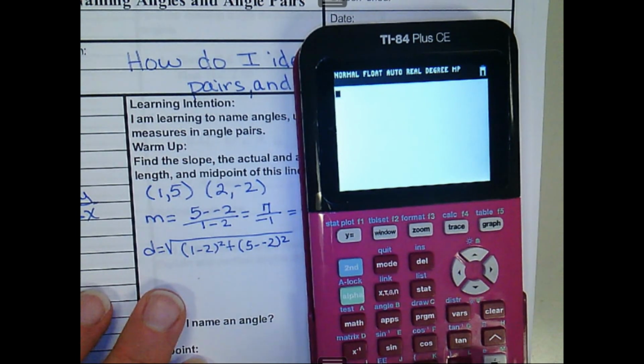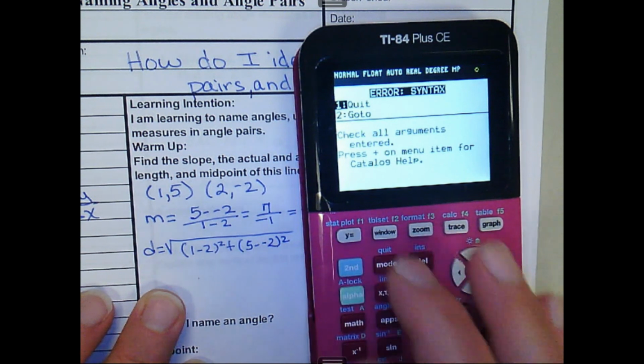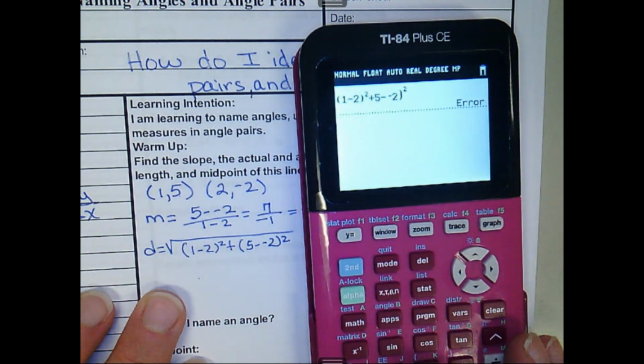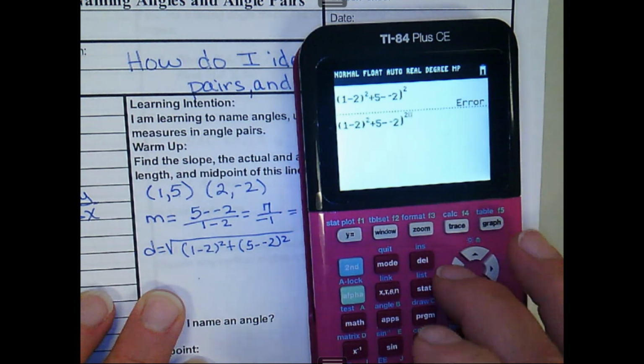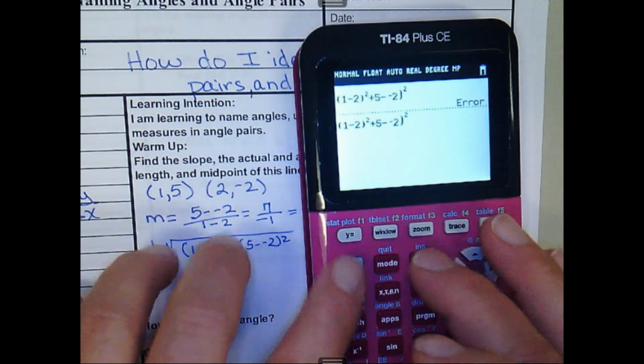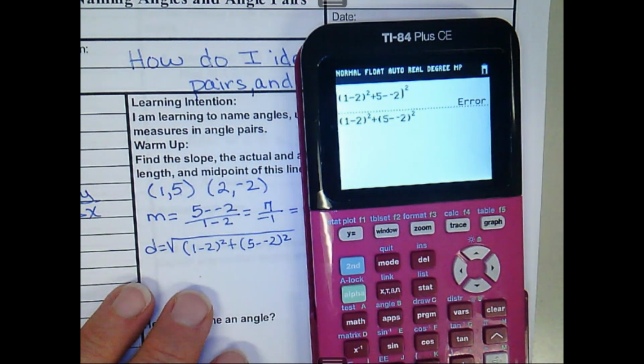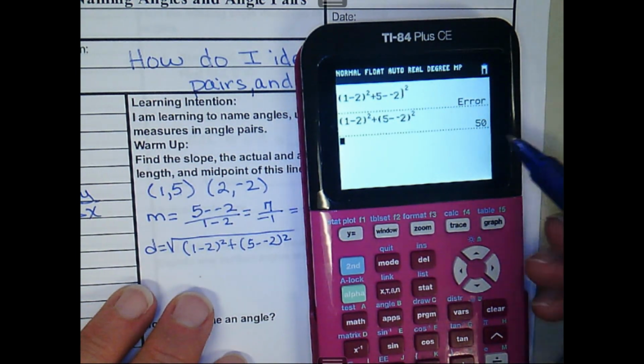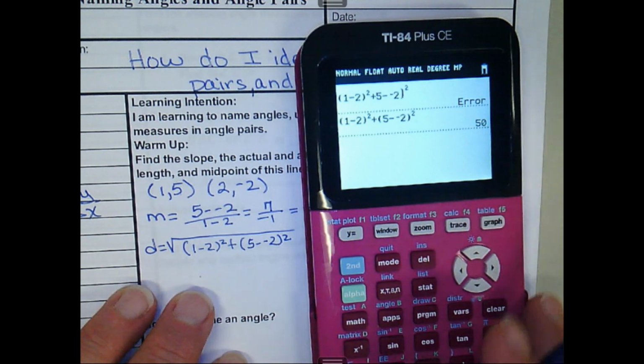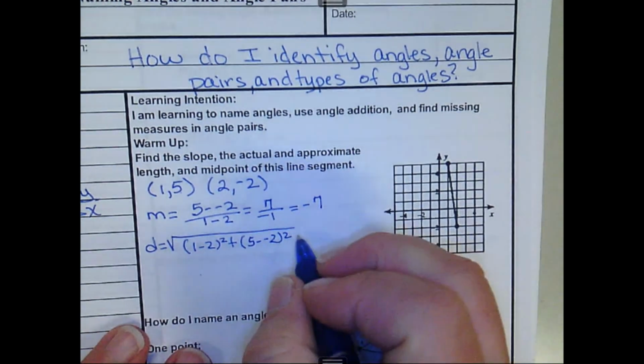So parenthesis, 1 minus 2, close and square it, plus 5 minus -2, close it, square it, and I get, whoops, I put a wrong thing in. I put a plus sign instead, I left out my parenthesis, and it is 50. So this is the square root of 50.